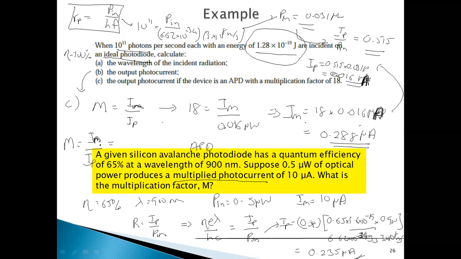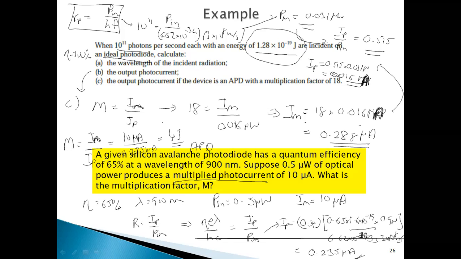We know that IM is already given to be 10 microampere, whereas IP, which has been calculated just now, is 0.235 microampere, and the answer for this ratio will be equal to 43. So based on this, the multiplication factor M for the silicon APD in this particular case will be equal to 43.